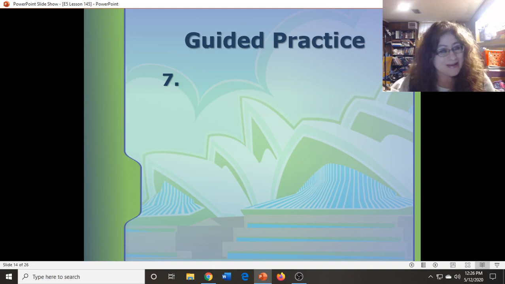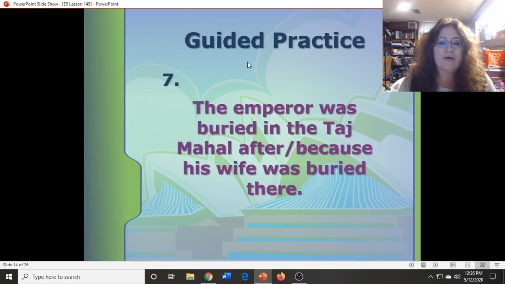So that might help us with writing this sentence. The emperor was buried in the Taj Mahal after his wife was buried there. She died first. Or you could have put, the emperor was buried in the Taj Mahal because his wife was buried there. Either of those would make sense. And you do not need a comma for this because the independent clause came first.